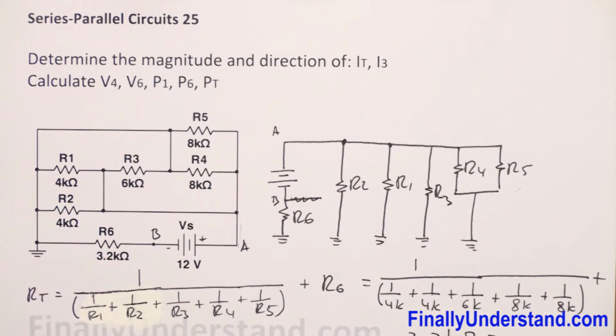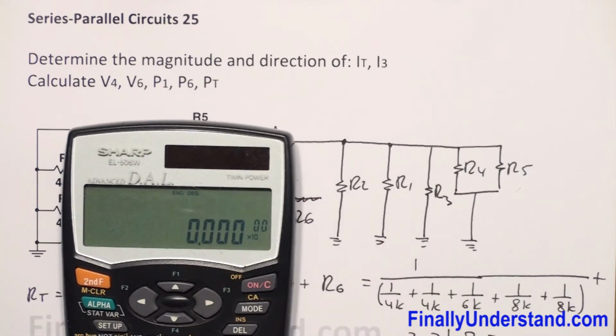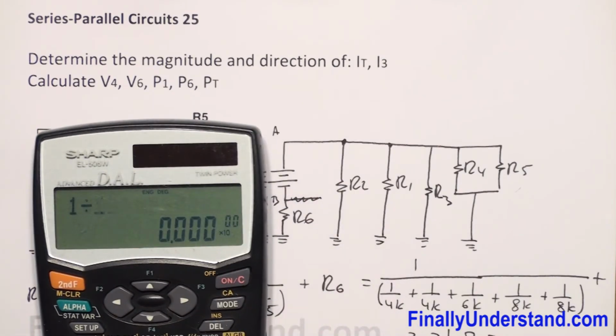Okay, this is equal to 1 divided by open parenthesis 1 divided by 4 exponent 3 plus 1 divided by 4 exponent 3 plus 1 divided by 6 exponent 3 plus 1 divided by 8 exponent 3 plus 1 divided by 8 exponent 3, close parenthesis, plus 3.2 exponent 3.